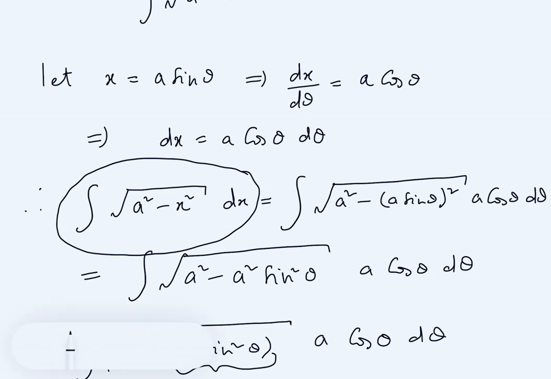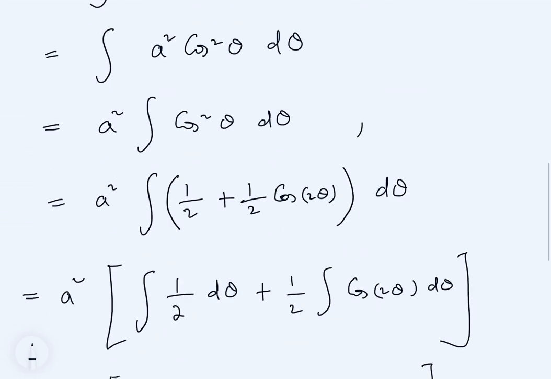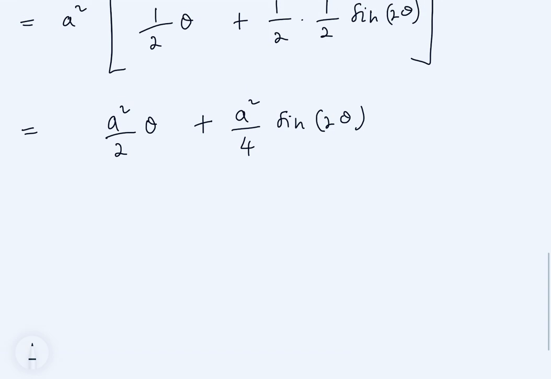Now let's go back to where we are. We have to write theta in terms of x, and we're also going to write sine 2 theta in terms of x as well. But first, before we write sine 2 theta in terms of x, we are going to rewrite sine 2 theta using a trigonometric identity.